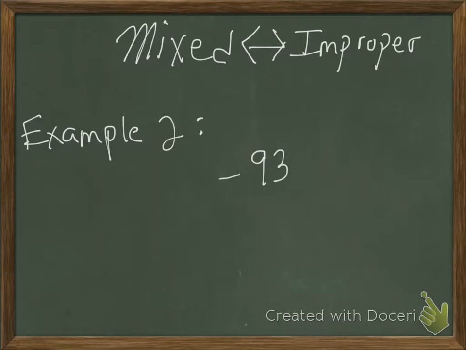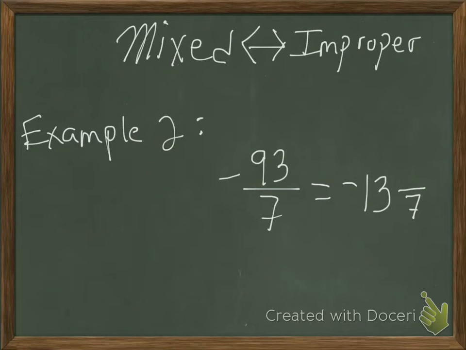Let's go negative 93/7. All right, how many whole times does 7 go into 93? Well, I'm honestly going to take my calculator, 93 divided by 7, and that gave me 13 whole times. So I know the answer is negative 13 wholes. All right, so now I'm gonna back solve here. I'm gonna do a little check work.